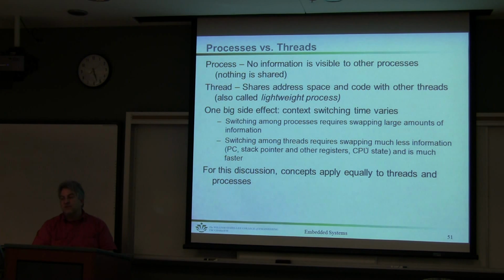Now the big side effect, of course, is what we call context switching. If you're switching from one process to another process, you have to save off a lot of information. But switching between two threads means that you're swapping a lot less information. And very often what you'll have is one thread calling another thread, and when that thread is done, it returns, almost like a subroutine.